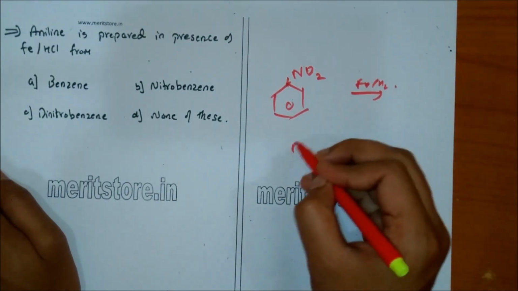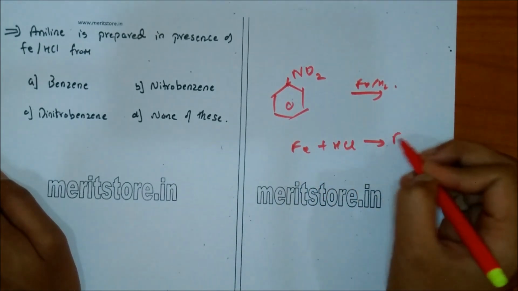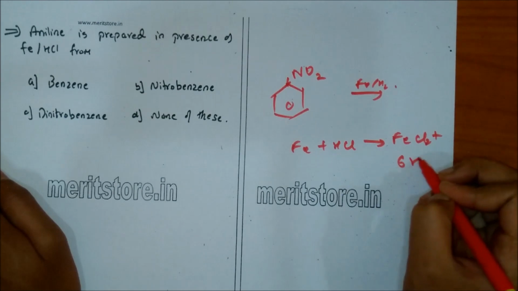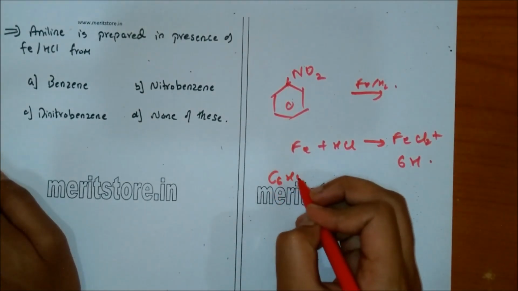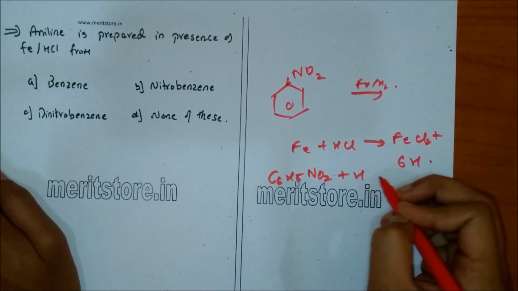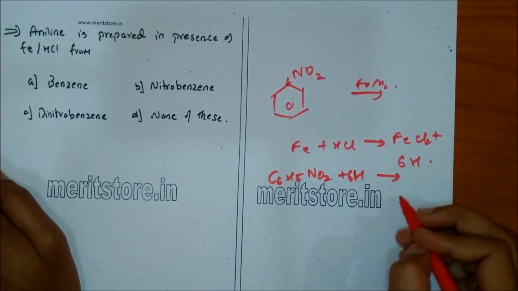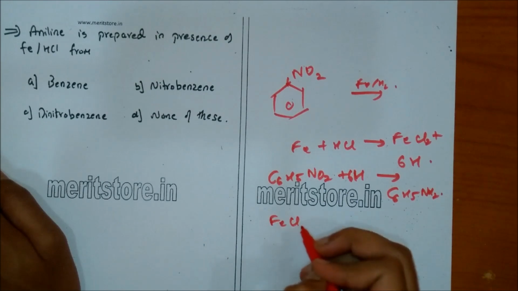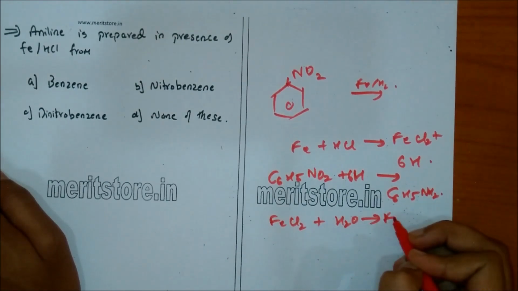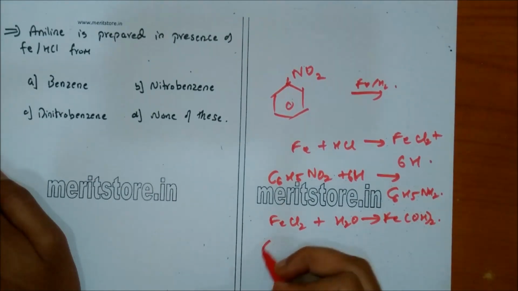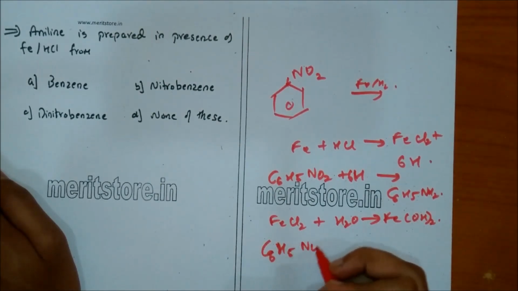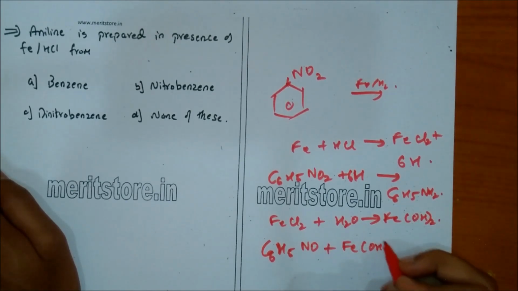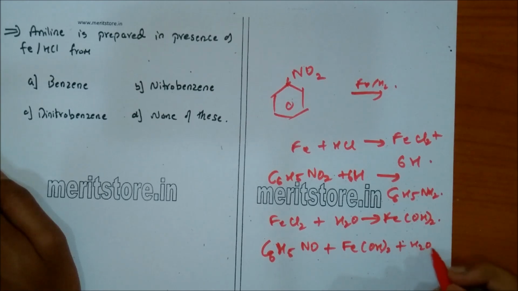The mechanism is: iron with HCl gives FeCl2 plus 6 hydrogen; C6H5NO2 with hydrogen will give aniline; FeCl2 with water will give ferrous hydroxide; and nitrobenzene with ferrous hydroxide and water will give aniline plus Fe(OH)3, ferric hydroxide.